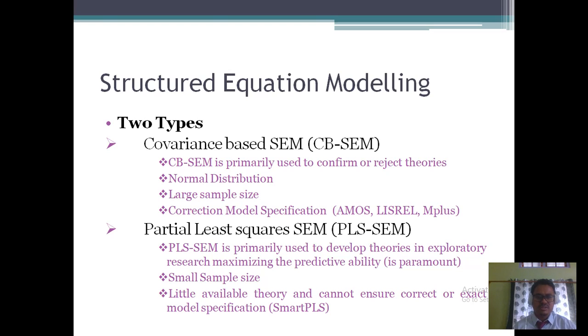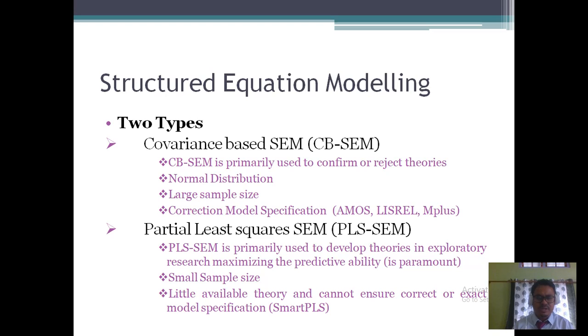However, there are some differences with respect to the other type of structural equation modeling, which is partial least square structural equation modeling. The primary aim of partial least square structural equation modeling is to enhance the predictive ability. That is, it aims to maximize the explanatory function of the model.